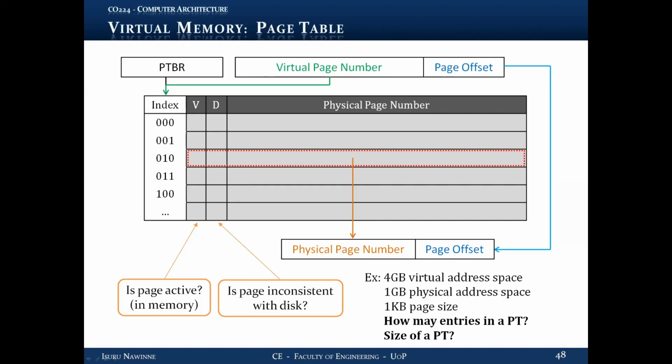So the size of the page table, therefore, is 32 bits into 2 to the power 22, or in other words, 4 bytes into 2 to the power 22. Can someone calculate that number and tell me the number of bytes? One entry is 4 bytes. We have 2 to the power 22 such entries.